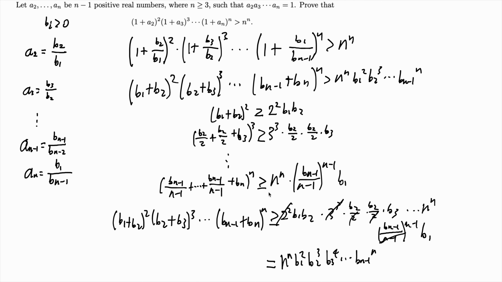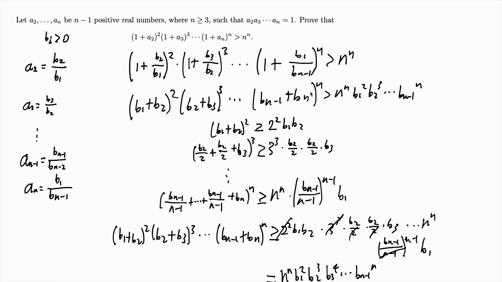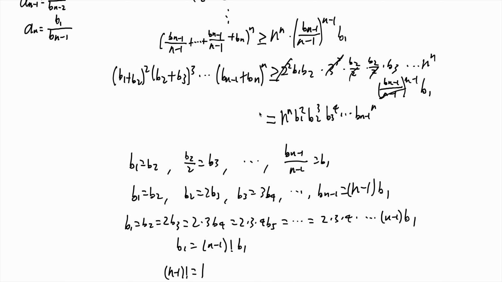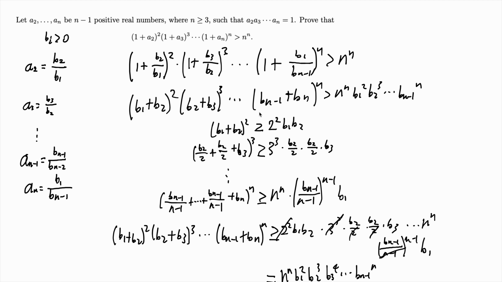Now let's divide the terms on both sides. So we just proved that this is true. Now dividing them, we get this, and reversing, we get this one. So that kind of cleared things up and proves our inequality.